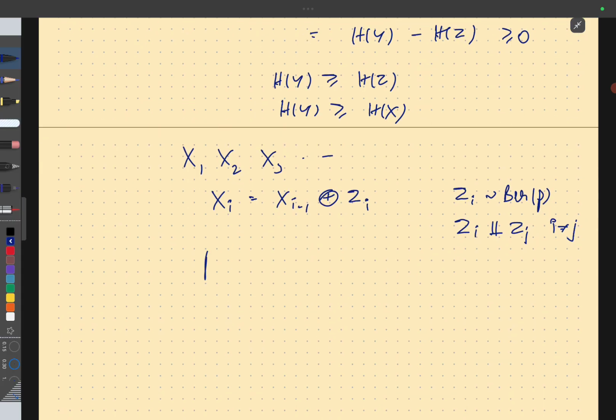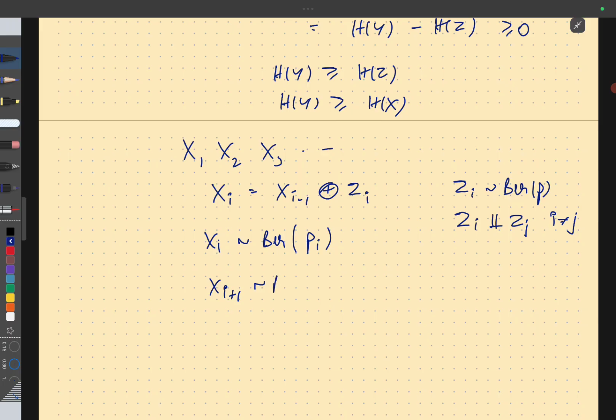Suppose that xi is Bernoulli, let's say pi. Then xi plus 1 is equal to this Bernoulli pi random variable XOR a Bernoulli P random variable. So this would be Bernoulli of pi times 1 minus p plus 1 minus pi times p.